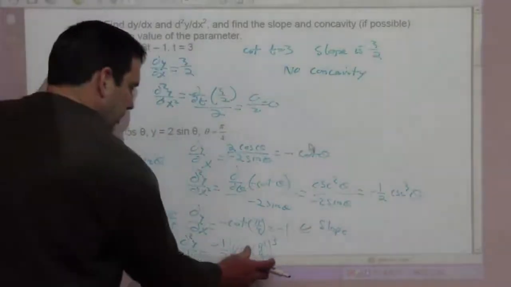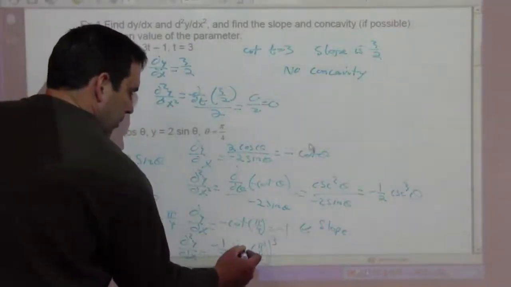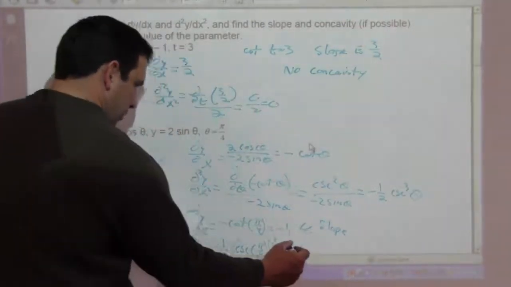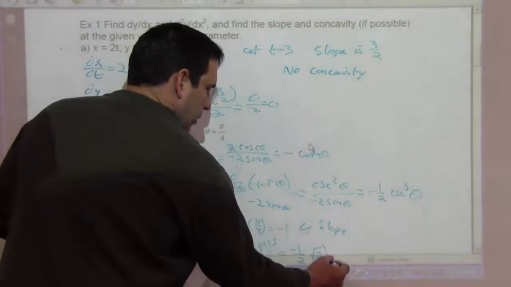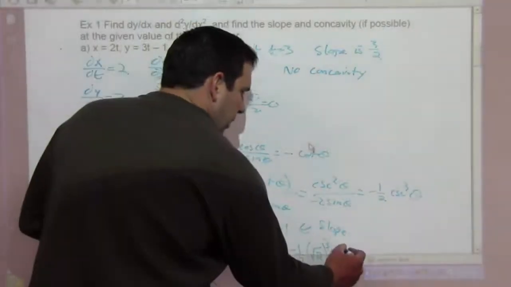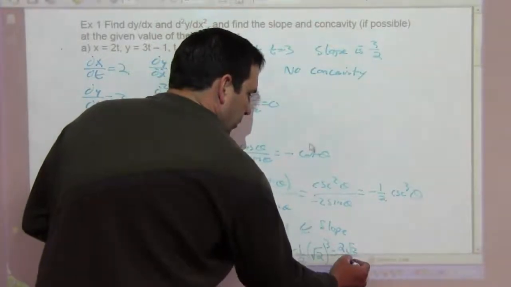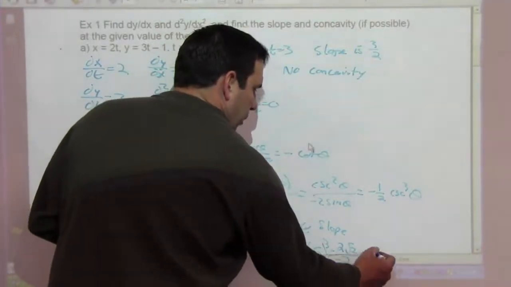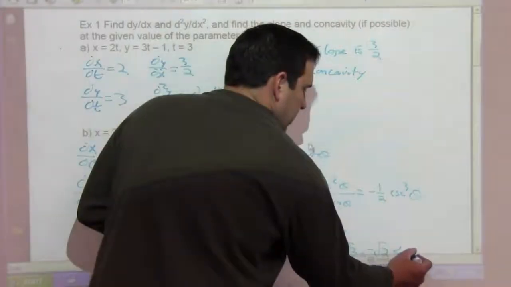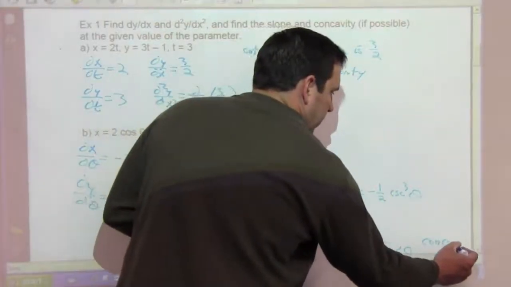Oh, sorry, it's cosecant. That's going to be negative 1/2 times square root of 2 cubed. That's going to become 2 times the square root of 2 over 2, negative, or negative square root of 2. That is less than 0, so it's concave down.